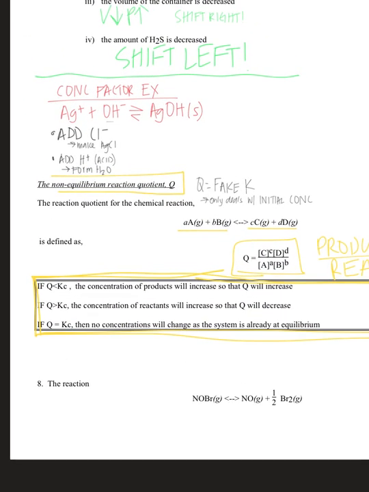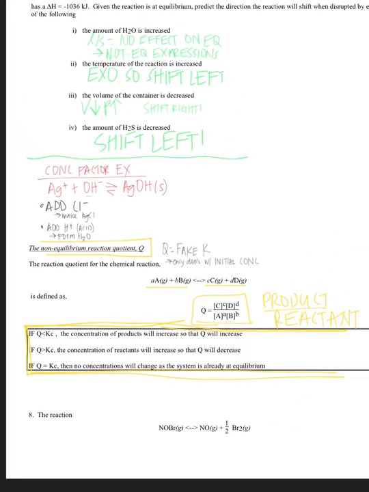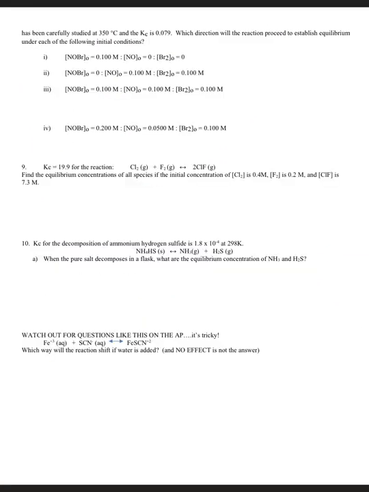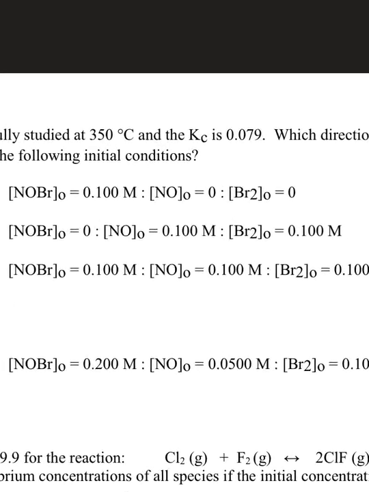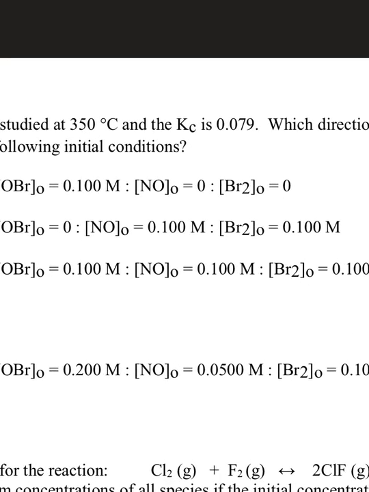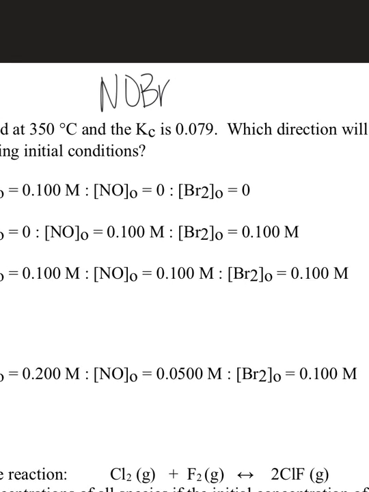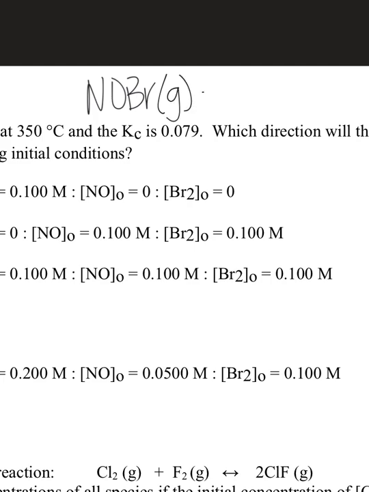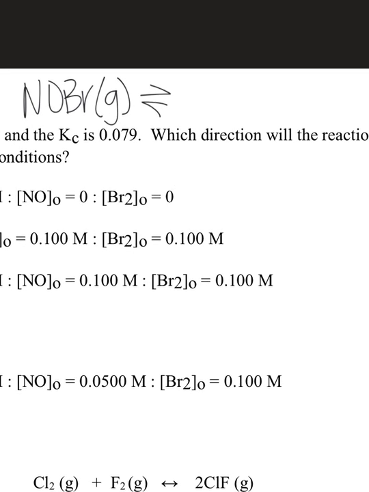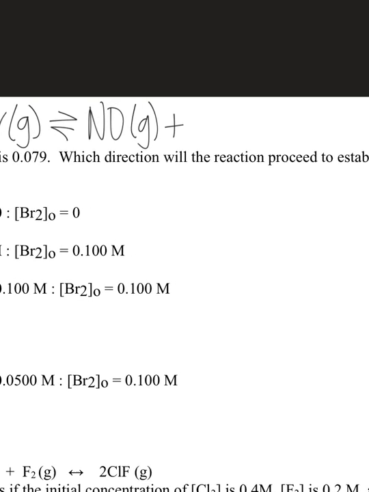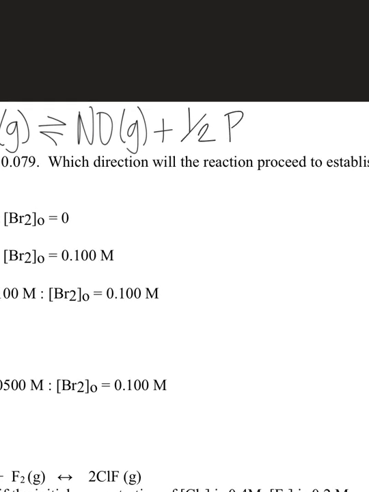I'm going to write this on the next page because that kind of makes me mad. Alright, so I'm going to rewrite this equation. And, here we go. NOBr is a gas, going to NO plus 1/2 Br2 gas.